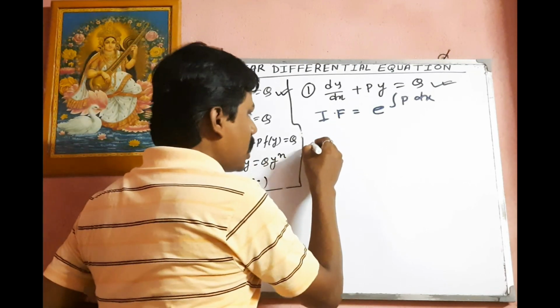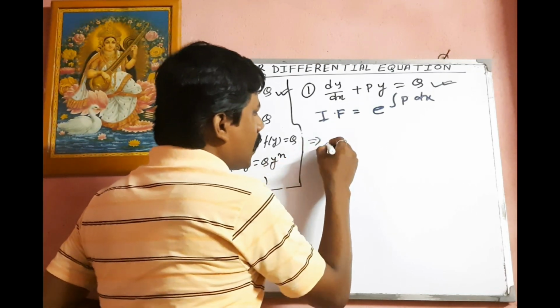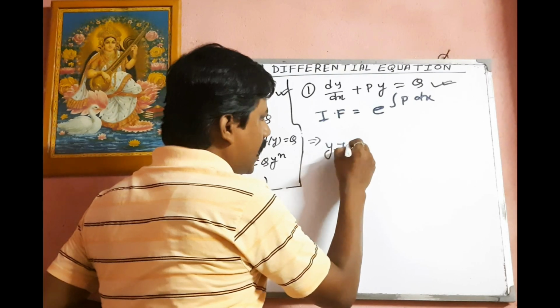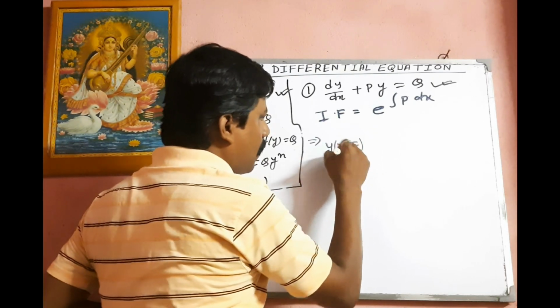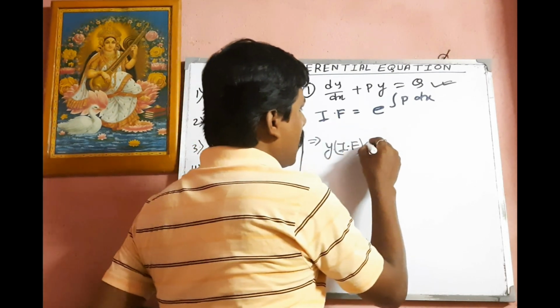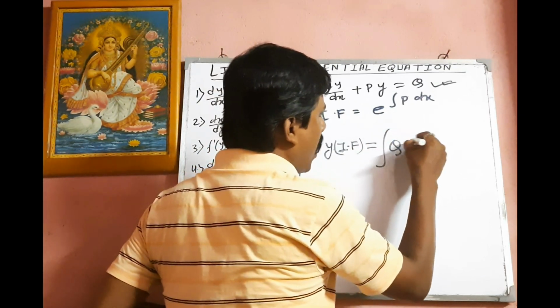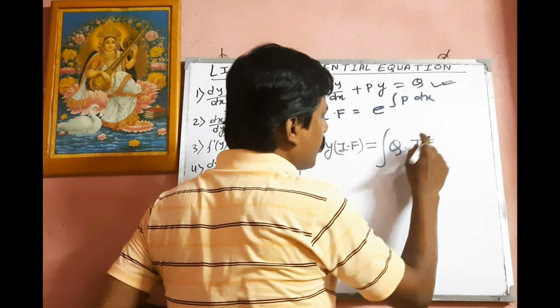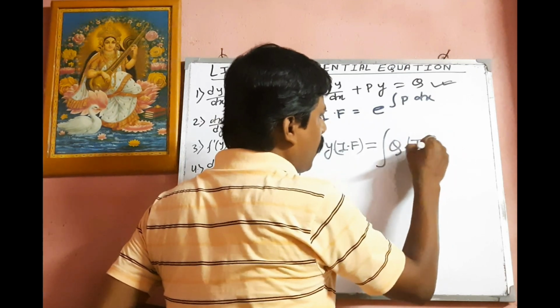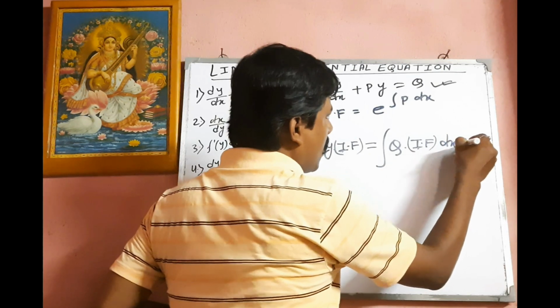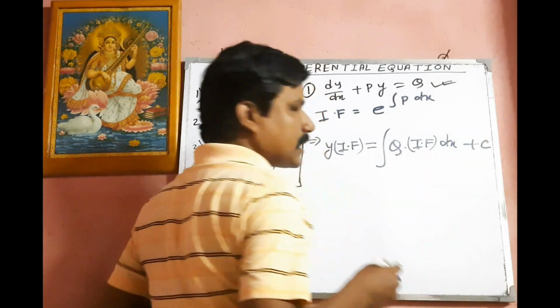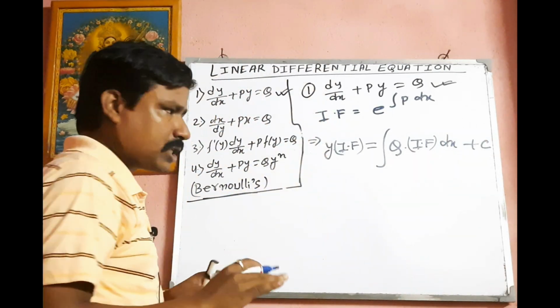And now the solution will be y times IF is equal to integration of Q times IF dx plus C, where C is an integrating constant.